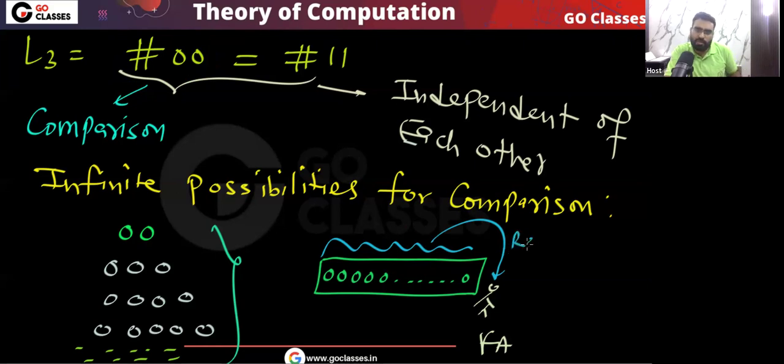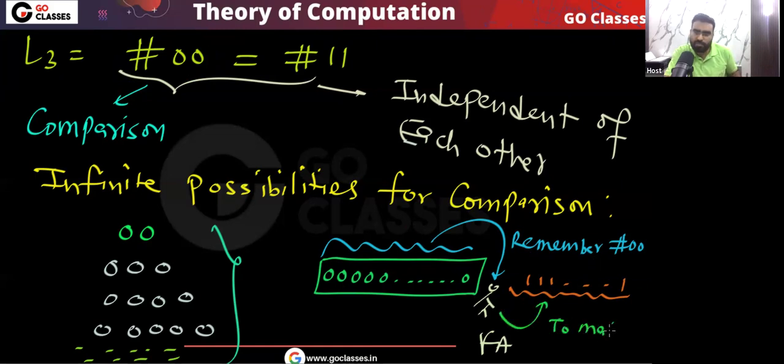Agree? I should remember the number of double zero so that I can match with the number of 11, because maybe in future 11 will come. So that I can match with the number of 11s.